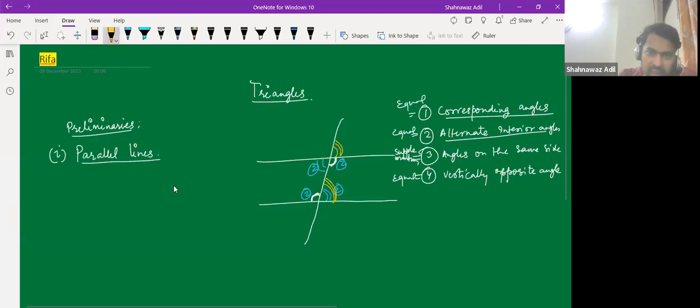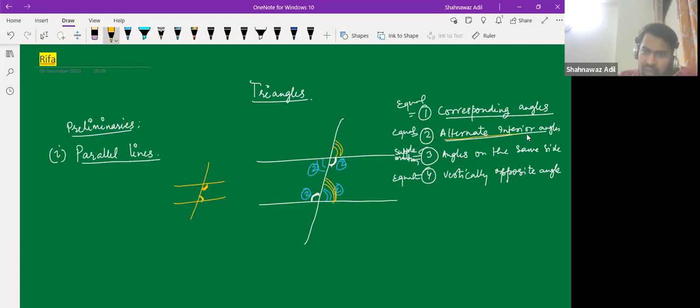And then if I ask you what these angles are, they are interior angles on the same side of the transversal. Can we call them alternate interior? That is also called alternate interior angles.